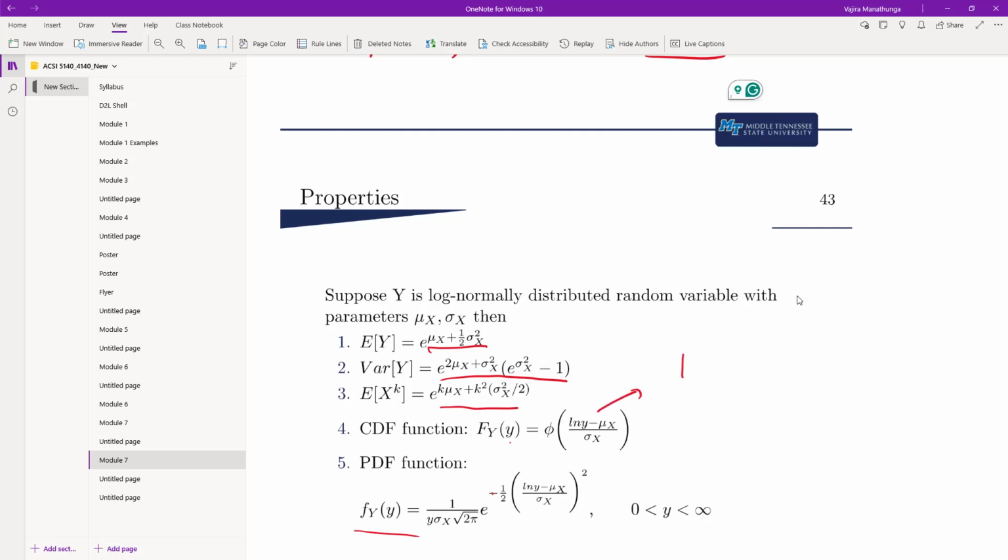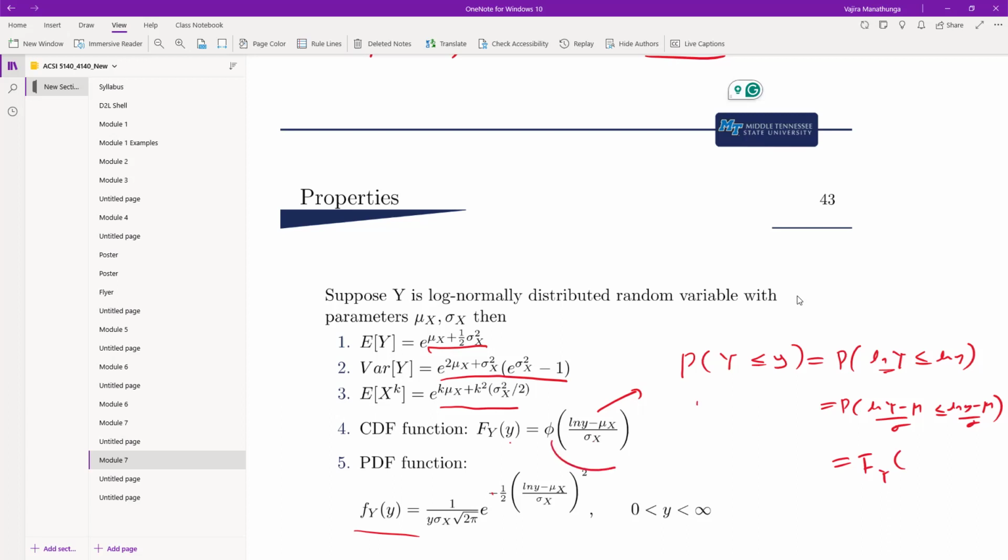So if you want the probability Y is less than y, then this is the same as taking log on both sides. And log Y is normal, so that's the same as taking the normal distribution.